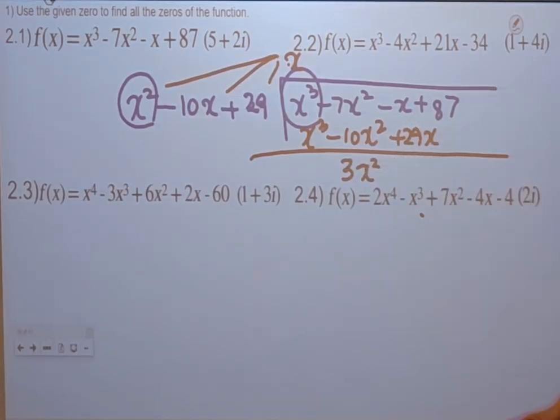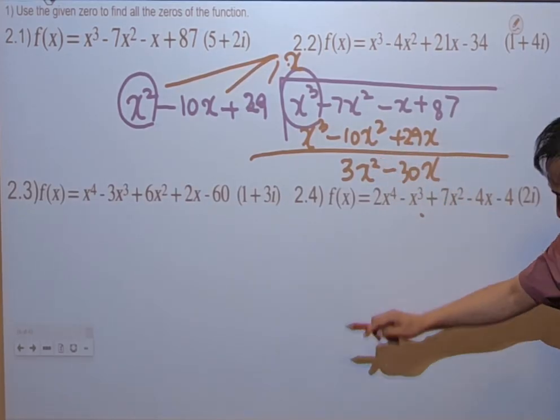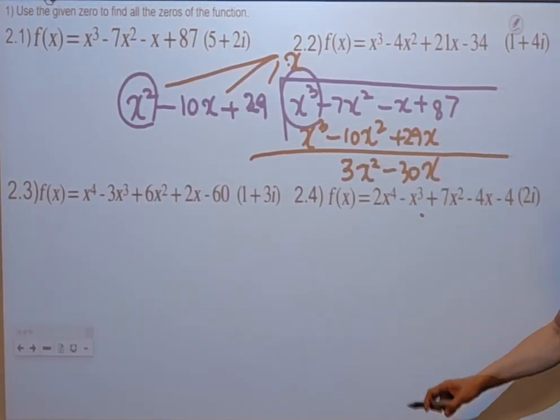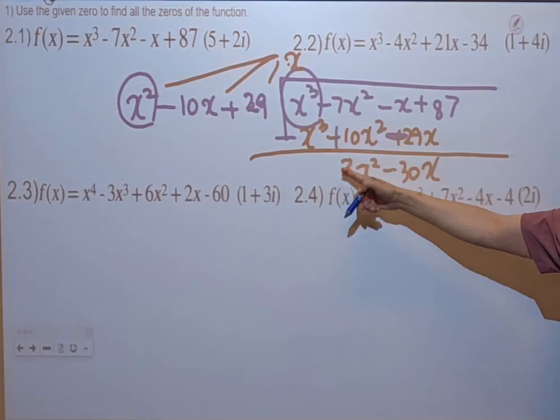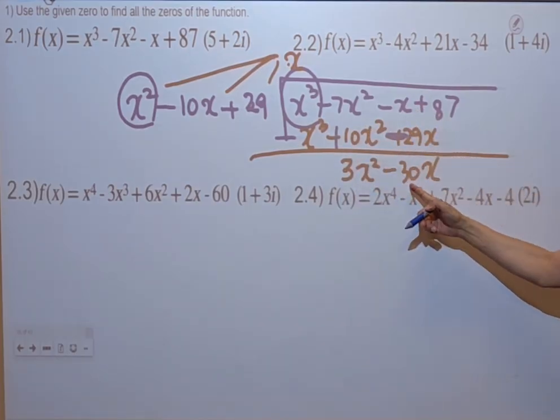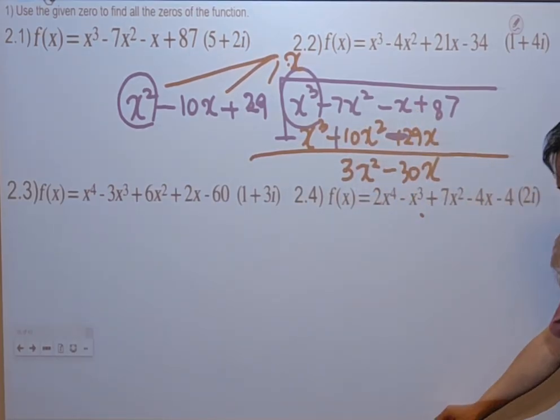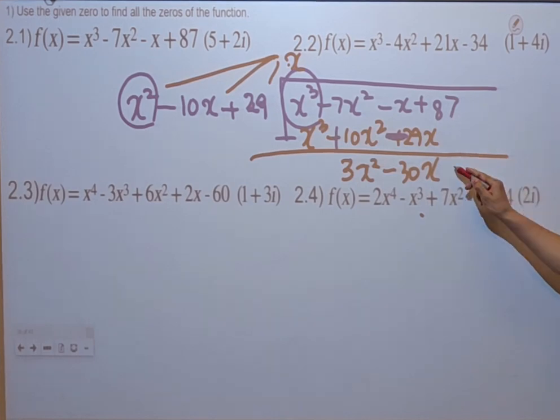And this is now what? 30x, right? Because I subtract. That's why it's confusing. Then change the sign and then add it. That's 3x squared minus 30x, and plus 87.